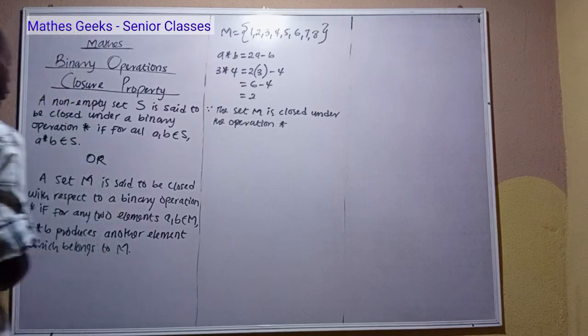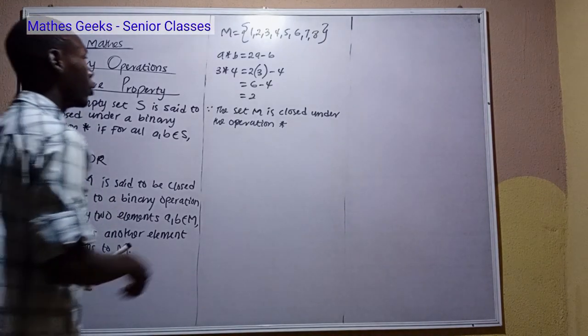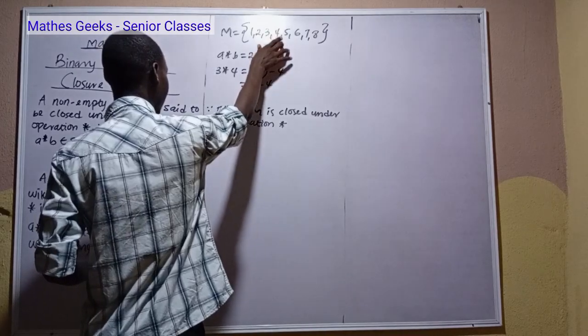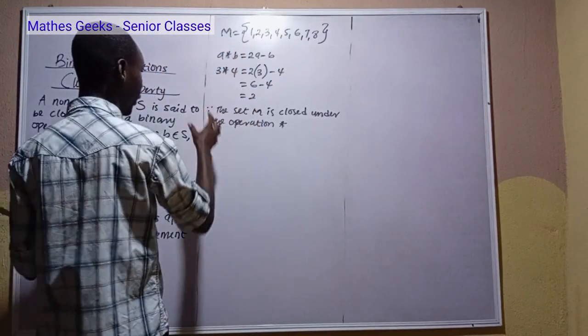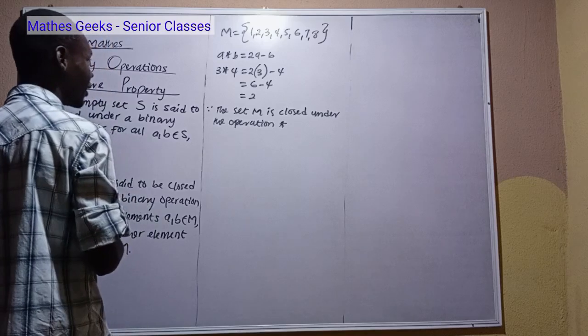So that's all the closure property is all about. It must belong to this set where you took two elements and combined them together. If it doesn't belong to that set, that means the set is not closed.